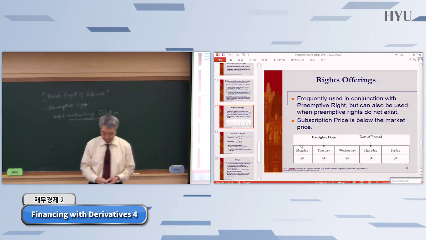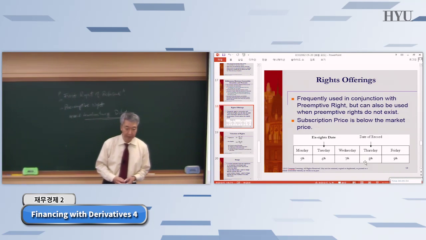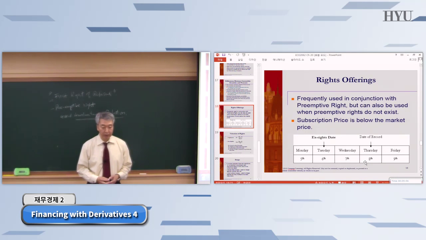Okay? So what it means is if you are holding these existing shares on the date of record, which is, say, December 8th, right? Then you will be allowed to purchase the new shares. Okay?